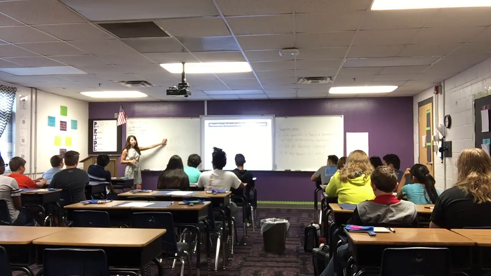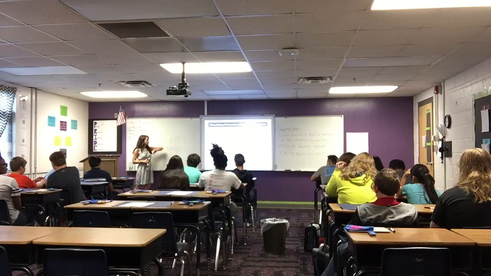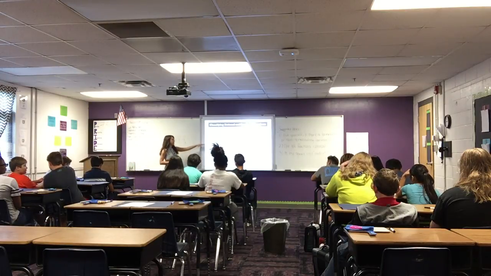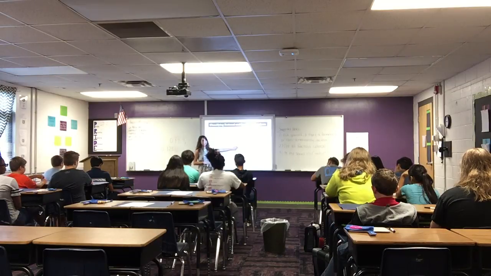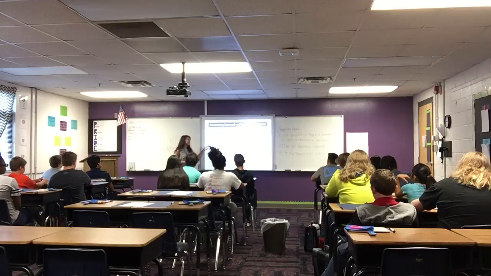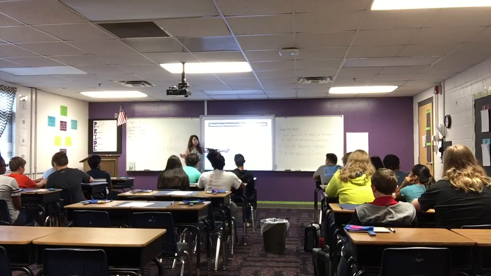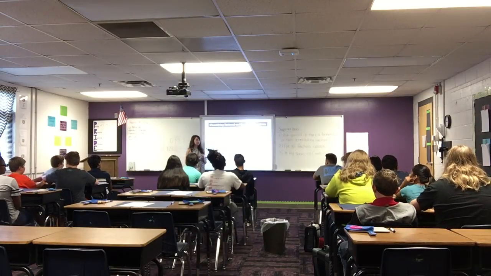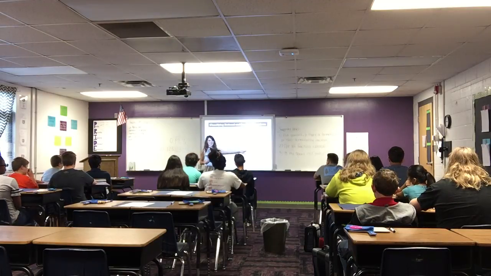When you have a number, for instance, 0.123 repeating, a non-terminating repeating decimal is actually considered rational, okay? So a non-terminating repeating decimal is rational. If it was non-terminating but it didn't repeat, it was just some random numbers, 0.2367, and so on, that would be considered an irrational number.